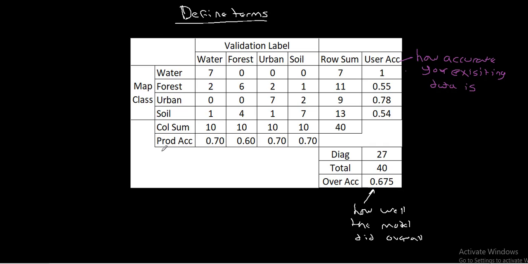Let's talk about producer's accuracy. Producer's accuracy is the number that's correct in the column divided by the column total. If you think about it, that's the proportion of correctly identified pixels relative to the total number of pixels that you fed it in the validation data.